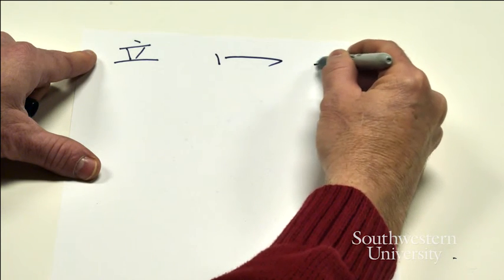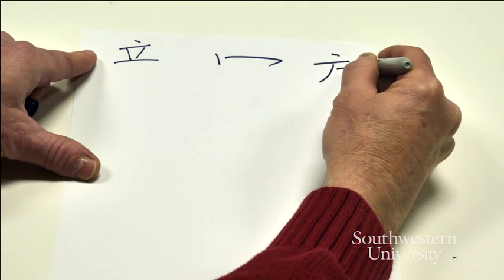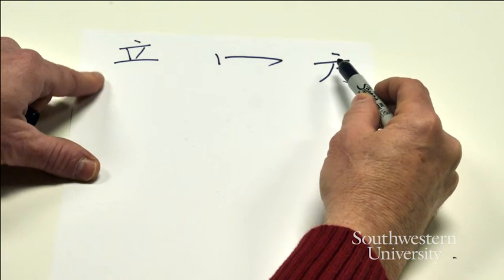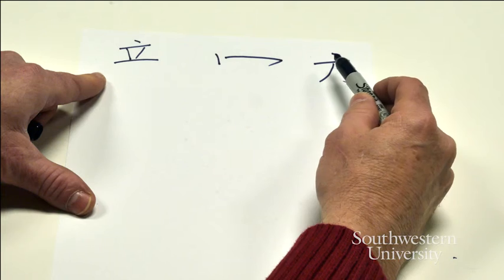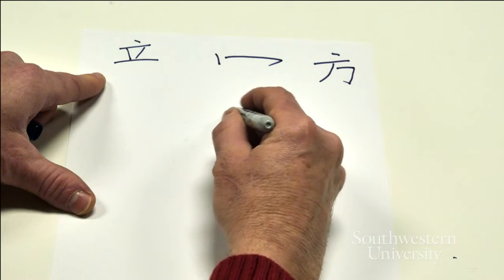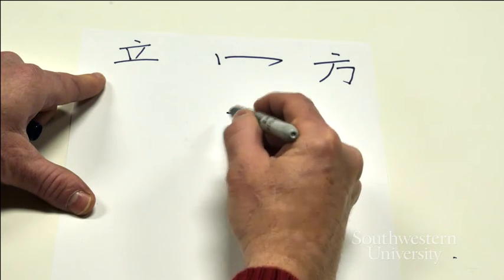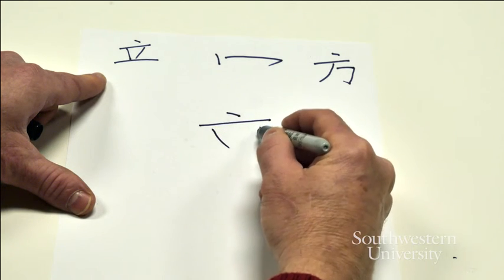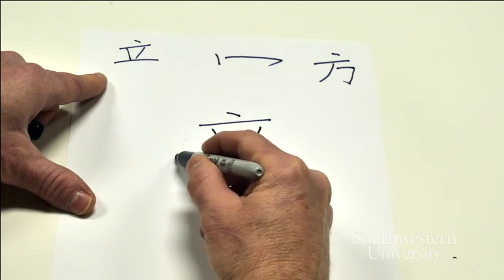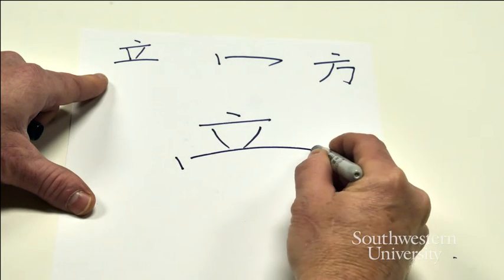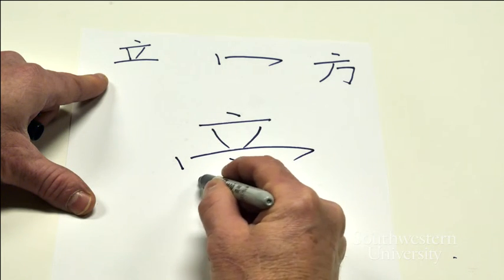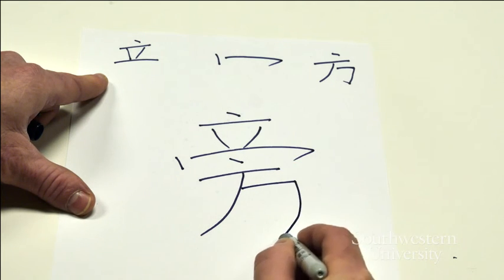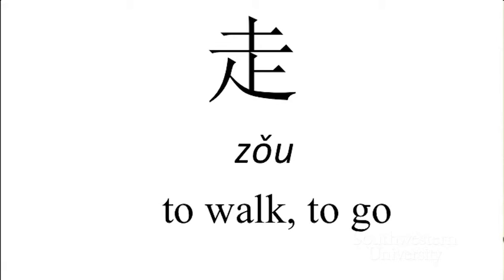And then fang, below, is phonetic. Fang means square or a place or a destination. In this case, it's just phonetic.